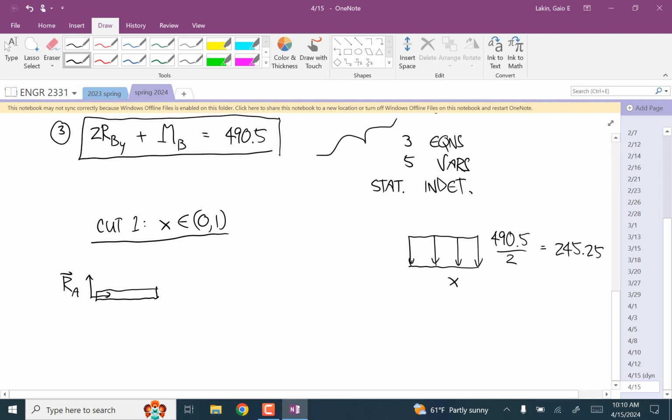And so to make that a point force, it's going to act at the center of the thing, and it's going to be 245.25x, the magnitude of the point force. And then we have our internal loads T, V, and M.